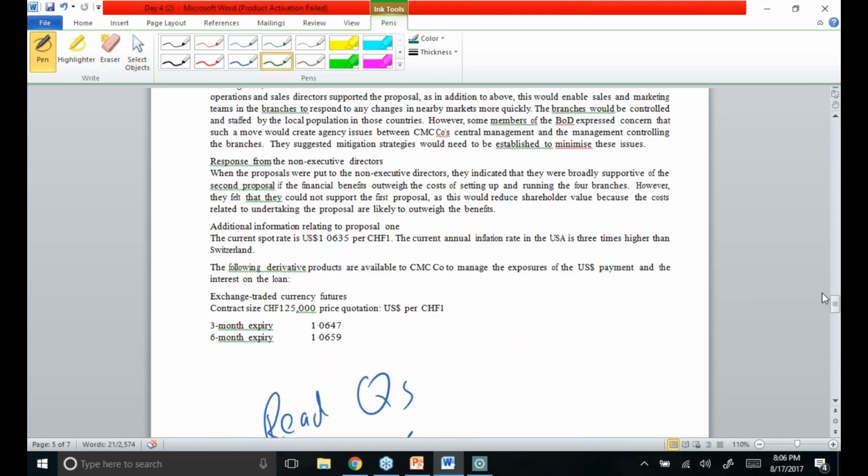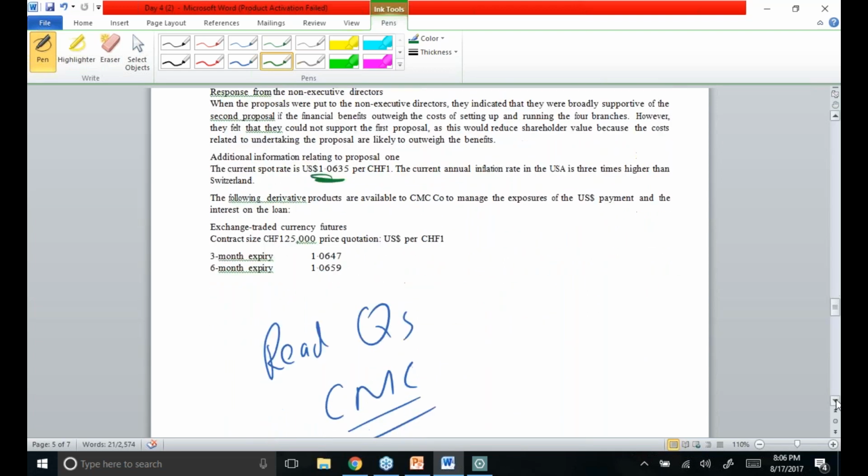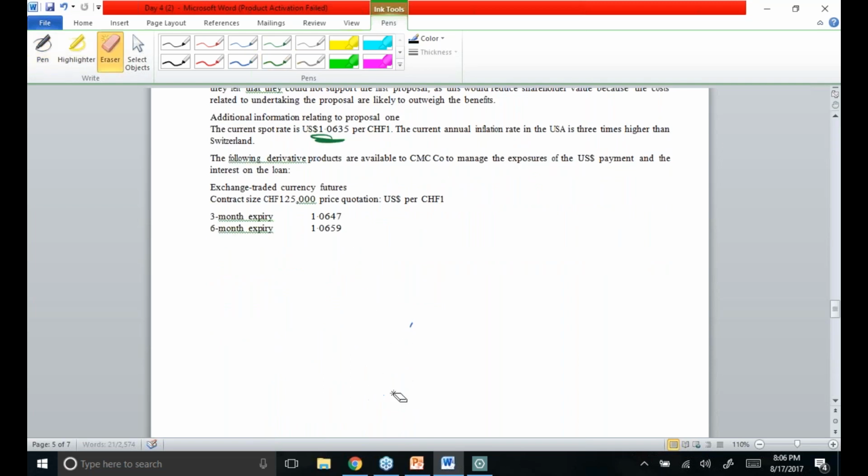Spot rate is 1.0635, and the offer rate is given. How are we going to solve it? First step is you have to hedge the $5.06 million payment.